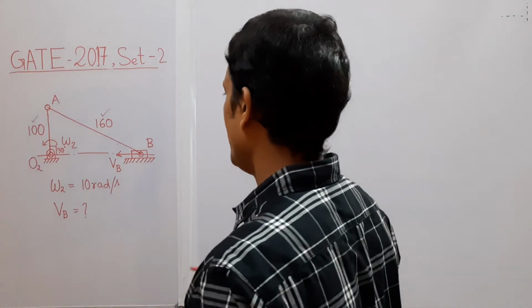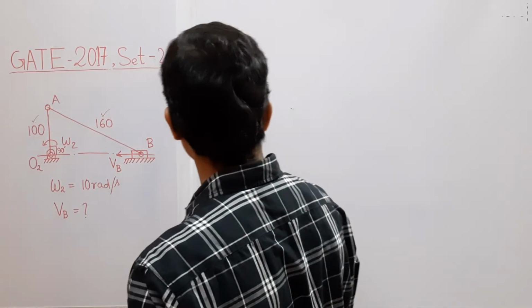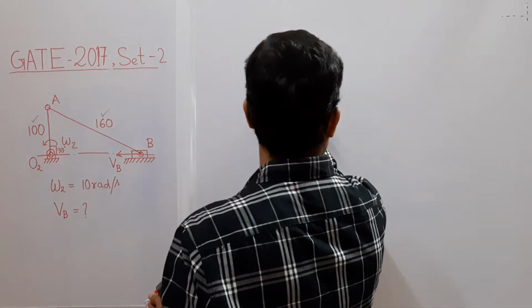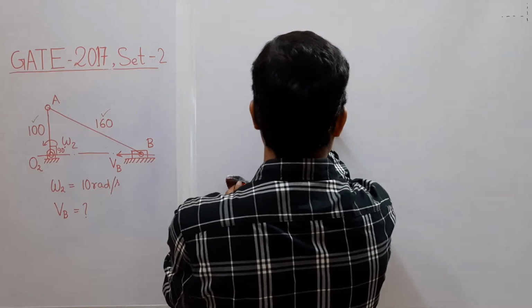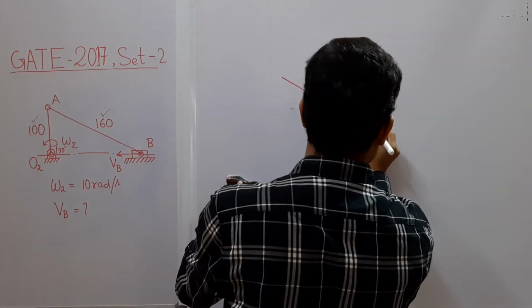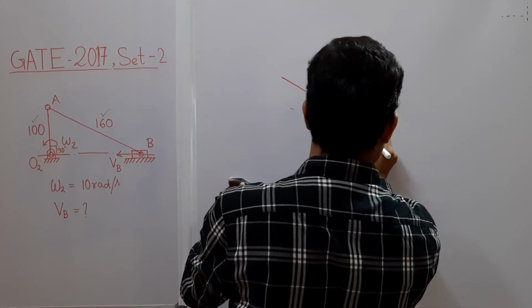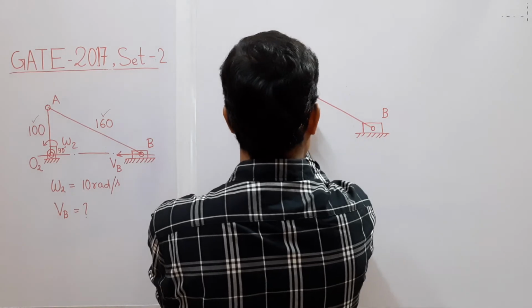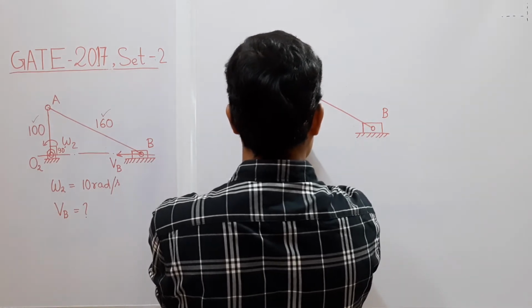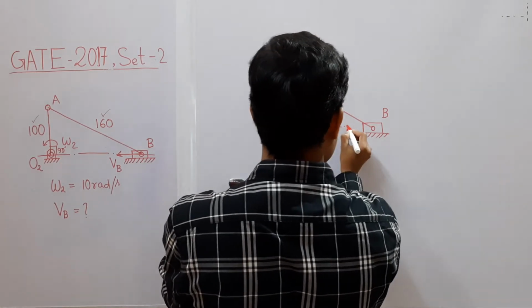So you can apply the same principle of relative velocity method. I am drawing here separately the connecting rod. So this is point B. Let us draw the whole configuration for your understanding.